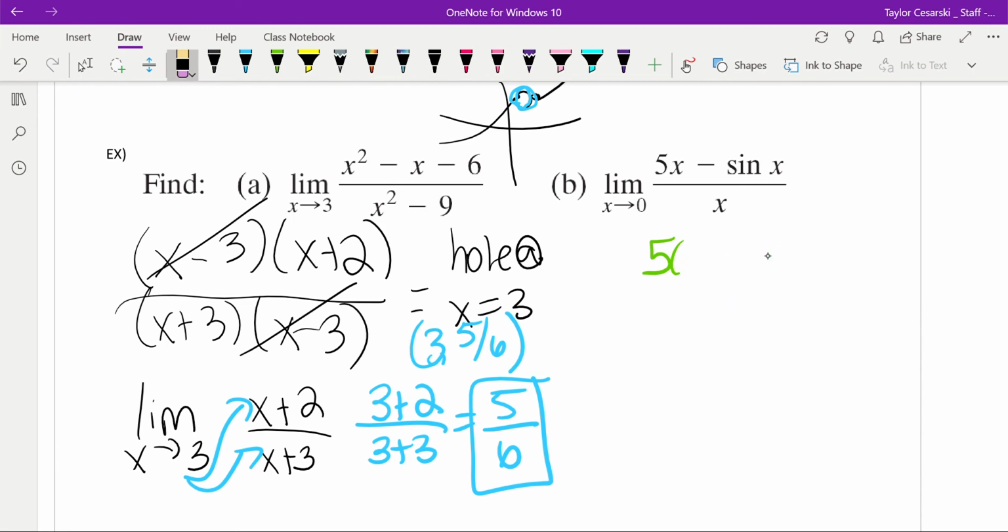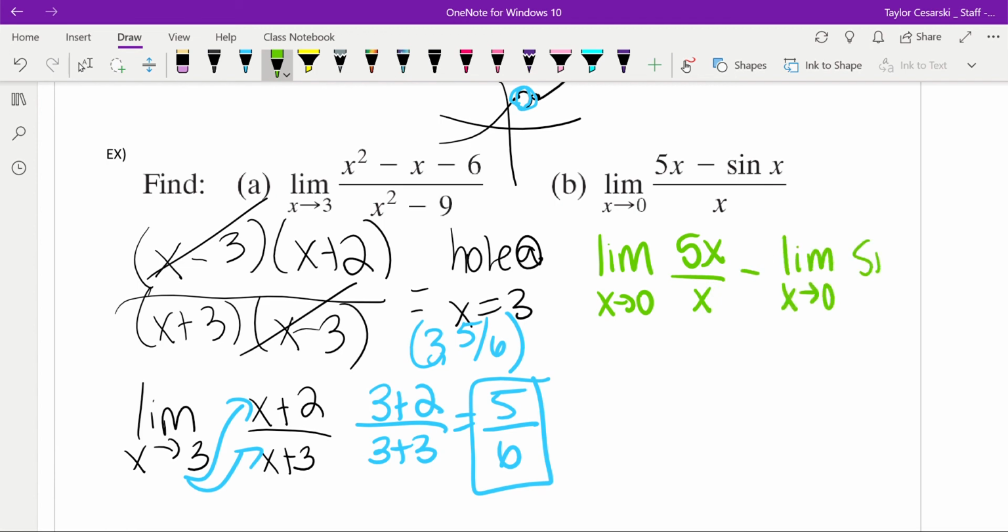Now this one I can't really factor, because I have a sine of x, but I can break it up into something that I know. So limit as x approaches 0 of 5x over x minus limit as x approaches 0 of sine of x over x.